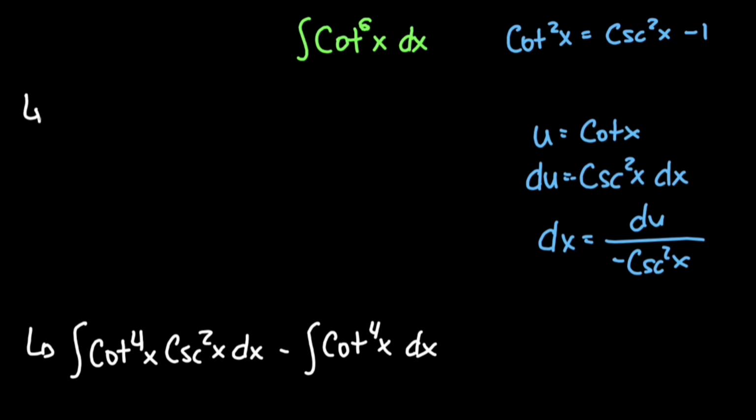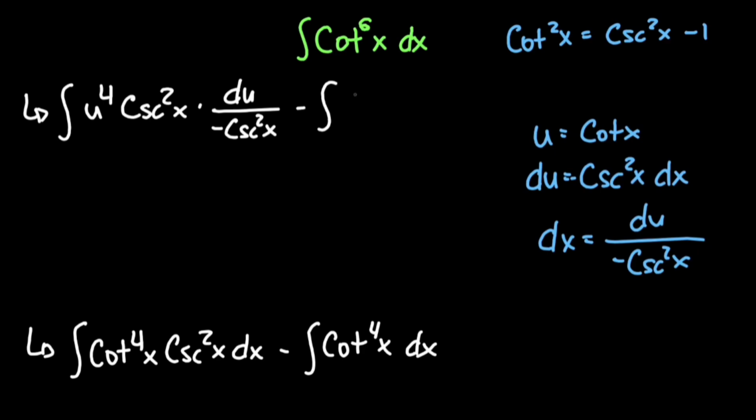And so by substitution, what we have here is the integral of u to the power of 4 multiplied by cosecant squared x multiplied by dx, which is du over negative cosecant squared x. And copy the rest.